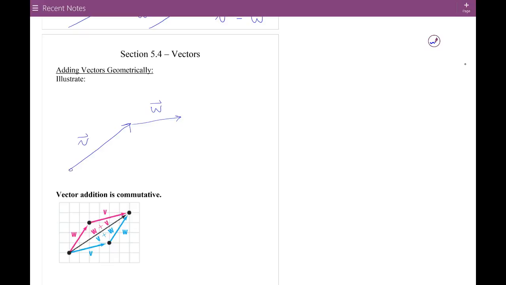So you go from the tail of the first vector to the head of the last vector, and then you connect them, and this is the vector v plus w, a new vector. That's the sum of the other two vectors, and it's the net effect. You can see that person w is changing the direction of the outcome and adding a little bit to the amount of force that's being applied.